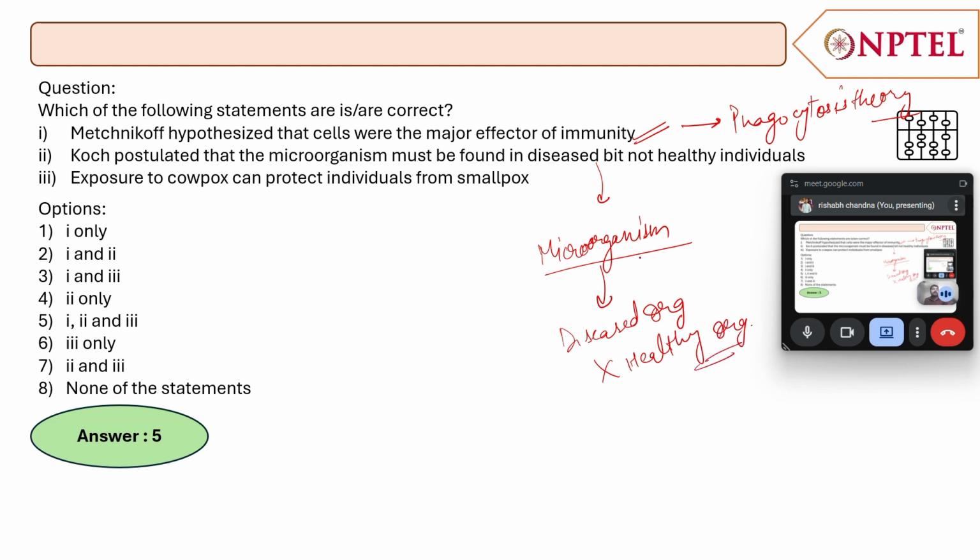And it can be isolated from this diseased organism and cultured outside. So this was also one of Koch's postulates.